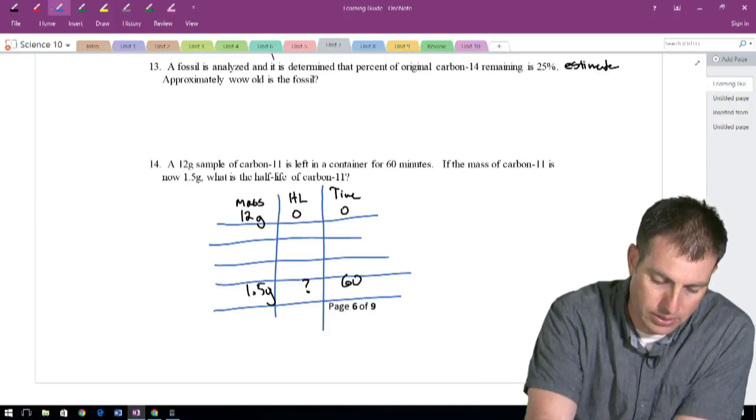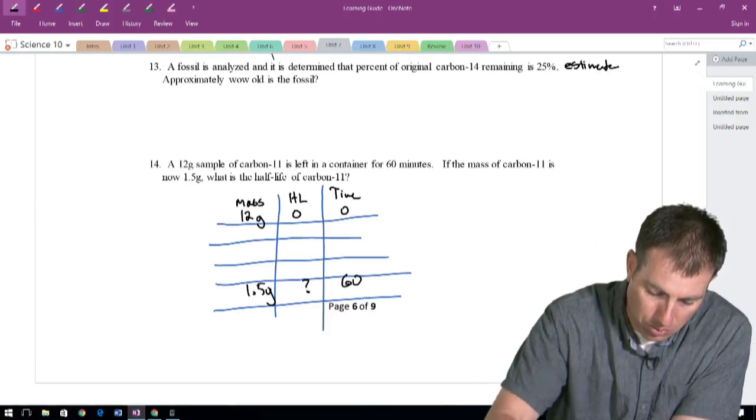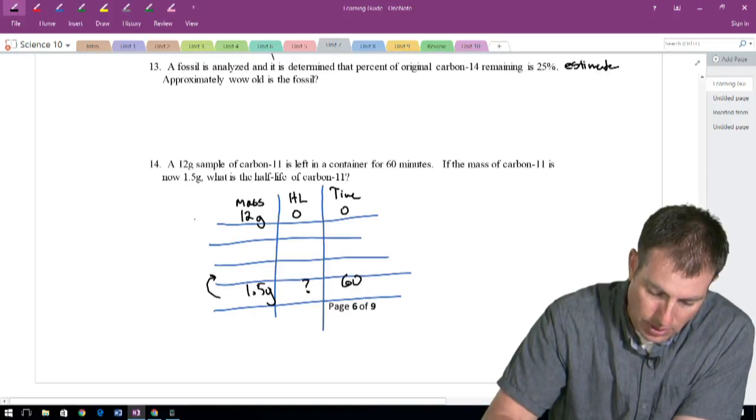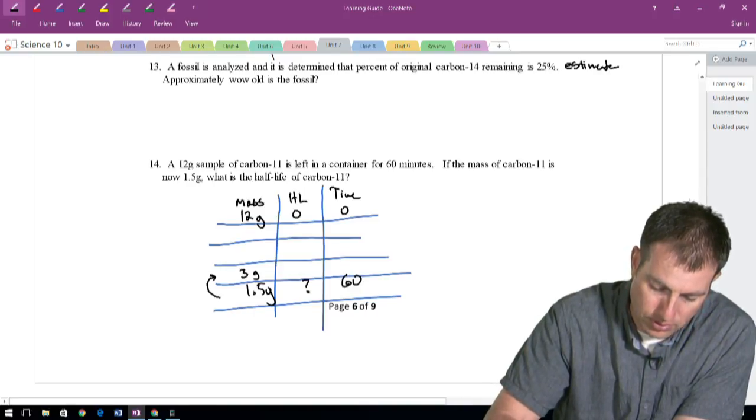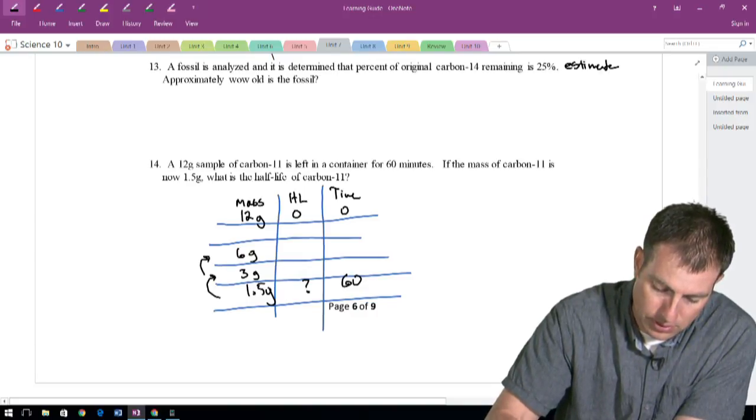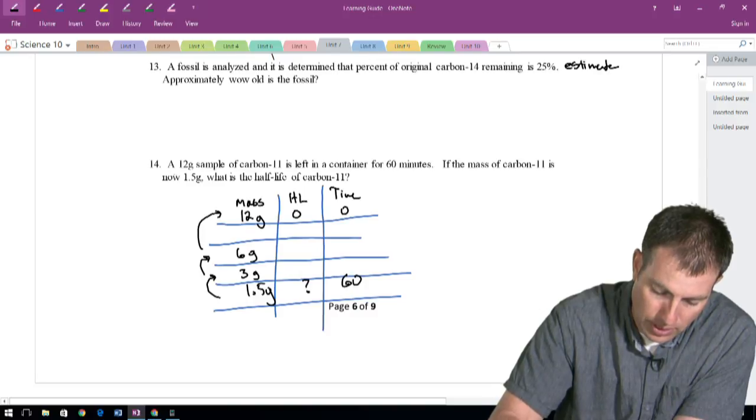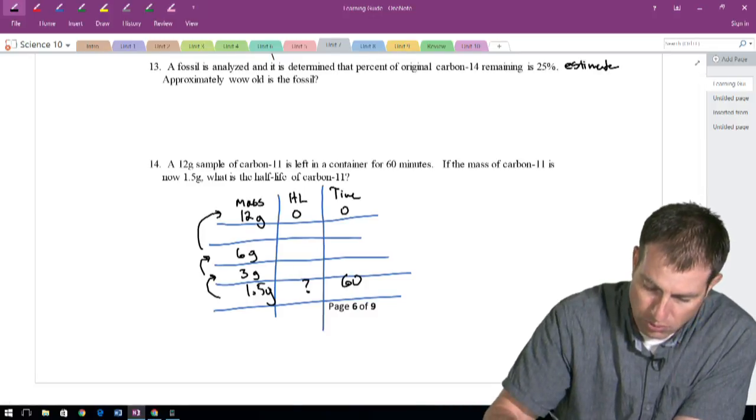So instead of having 1.5, if I work backwards, I have to have 3 grams here. And then if I work backwards again, I'm going to double it, and I'm going to get 6 grams. And if I work backwards again, I'm going to eventually make it to 12 grams.